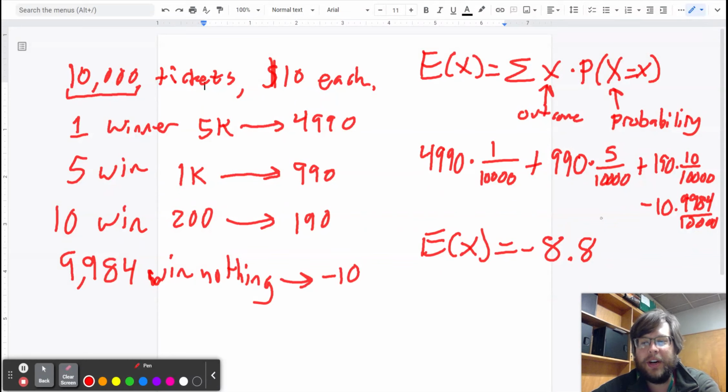That's not one of the possible outcomes, but that is the most likely average outcome. So if you bought 100 tickets, I would expect you to lose close to $880. If you bought 1,000 tickets, I would expect you to lose close to $8,800.